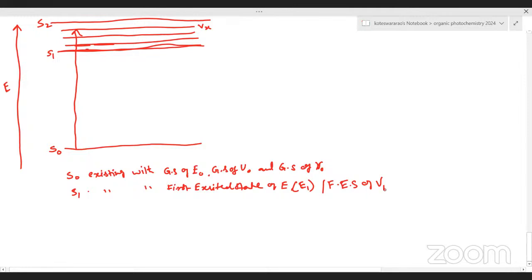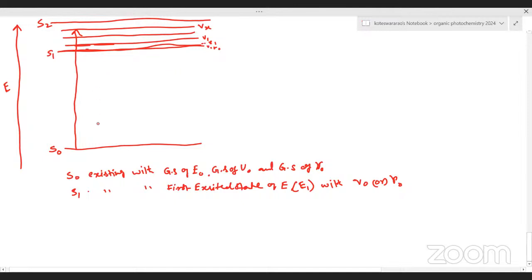First excited state of electronic with V naught state or R naught state. Look here, rotational levels are also there. Suppose this is V1, this is V0, this is R1, R0. There is a rotational level R1 like this.